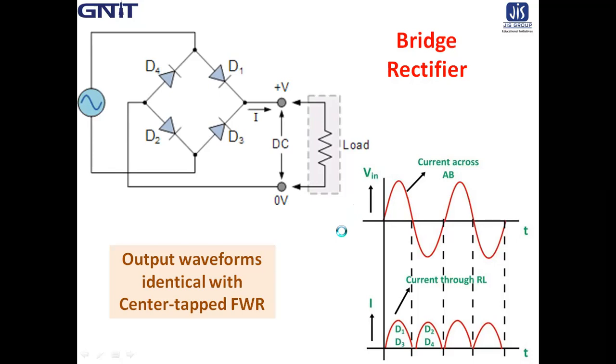So we avoid it here. That is why a bridge rectifier, formed by 4 diodes D1, D2, D3 and D4, is used, and a normal transformer can be used here.